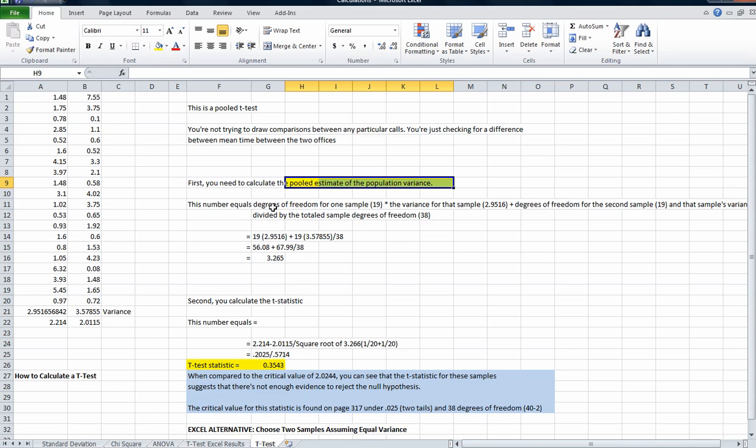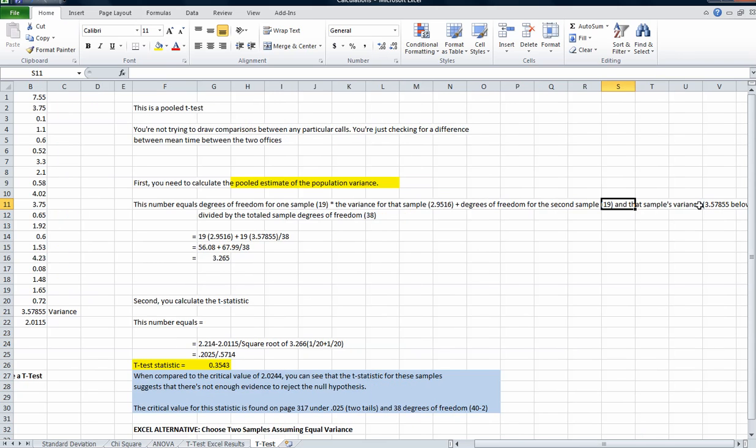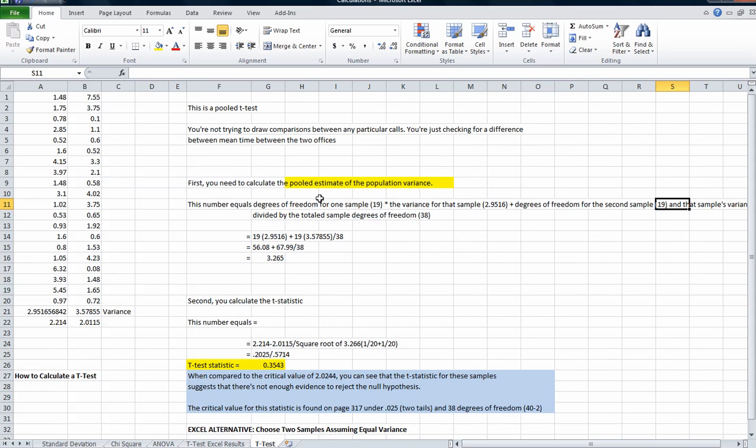And that equals the degrees of freedom for one sample, which is 19. Remember, one sample is 20, and minus 1 is the degrees of freedom, times the variance for that sample. So this is the beginning of this equation right here, 19 times 2.95 variance, plus the degrees of freedom for the second sample, which is also 19, and that sample's variance over here, 3.57, divided by the total sample degrees of freedom, which is 38.